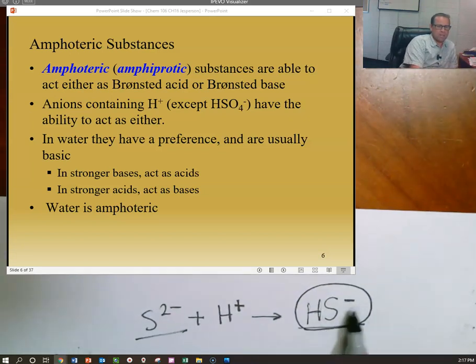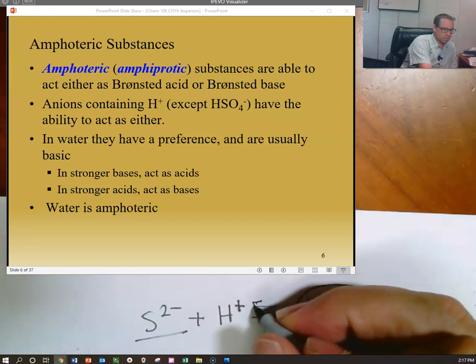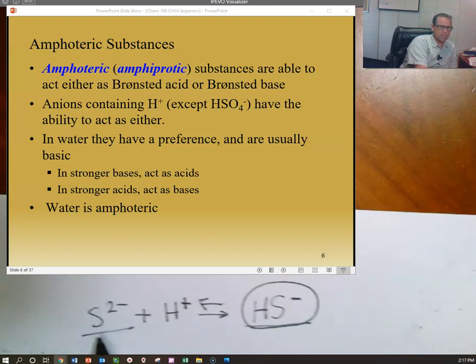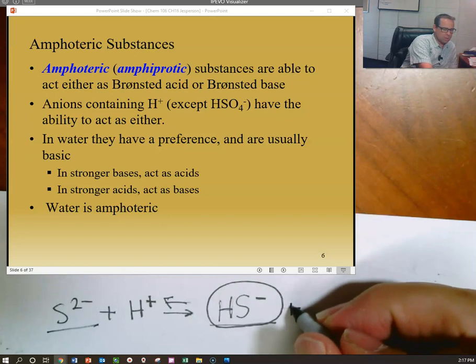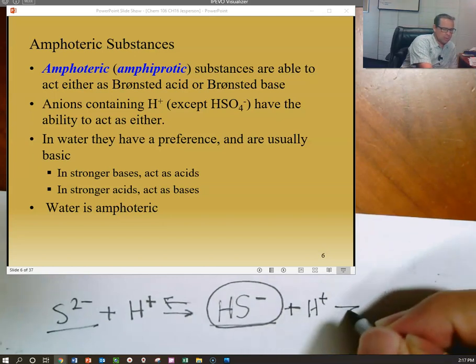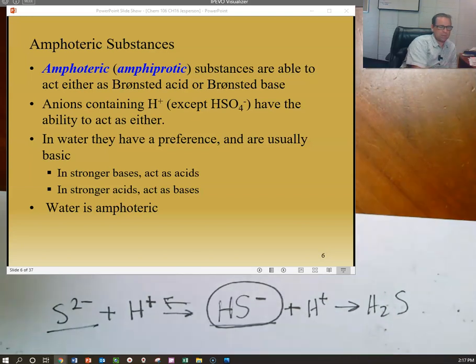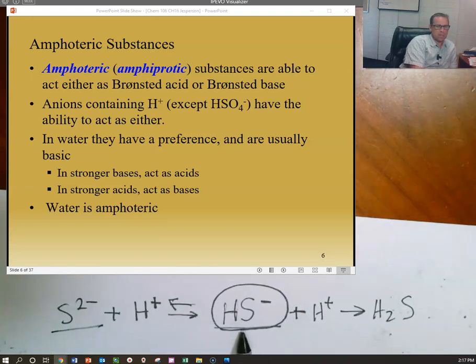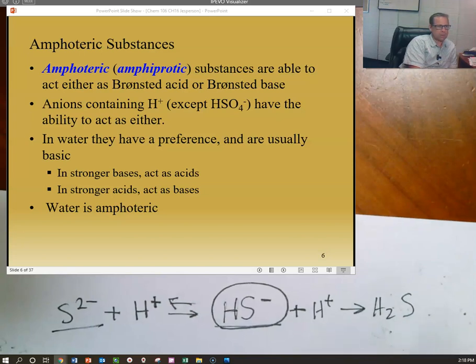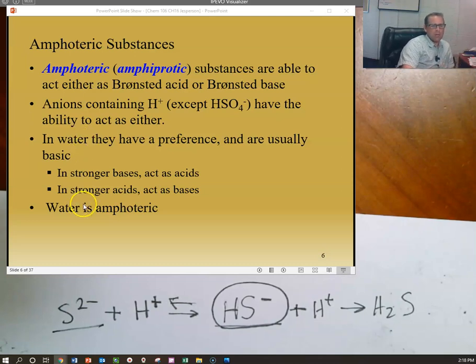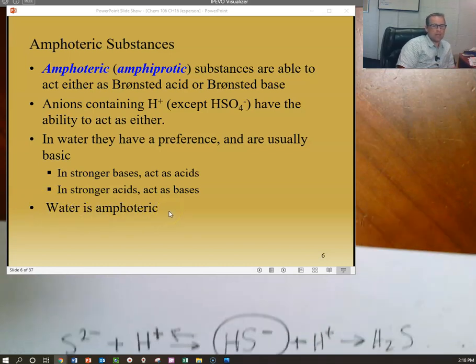It can give a proton and become the S2 minus ion, but HS minus can also take a proton and become H2S. That property is called amphoteric.